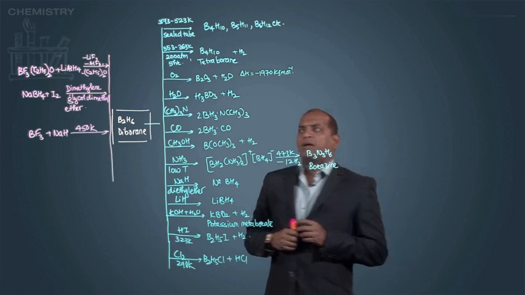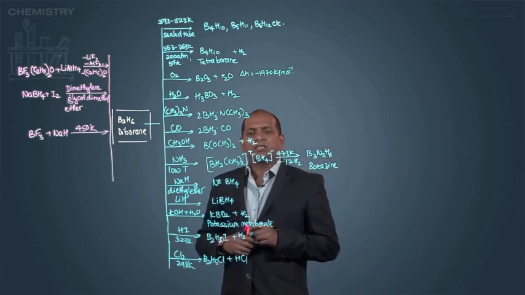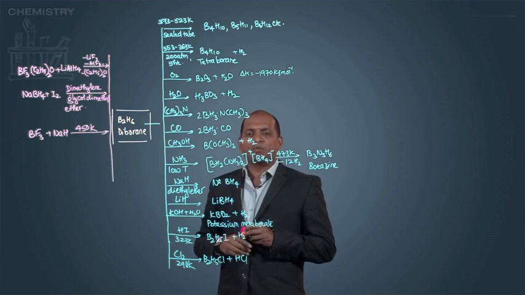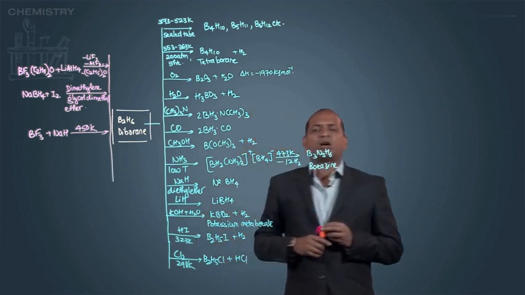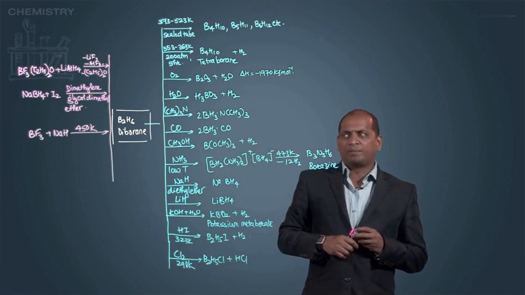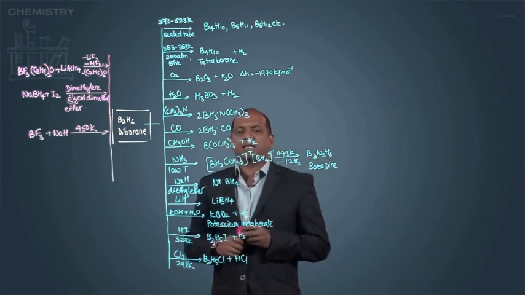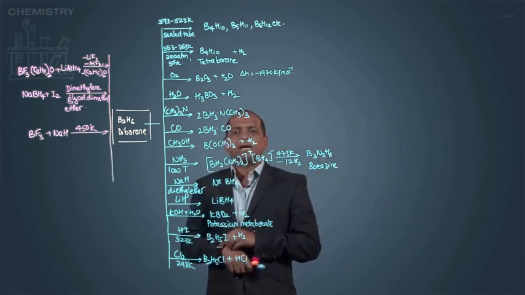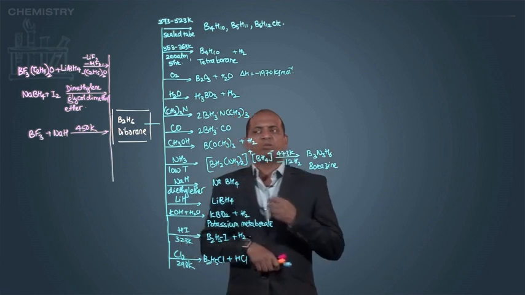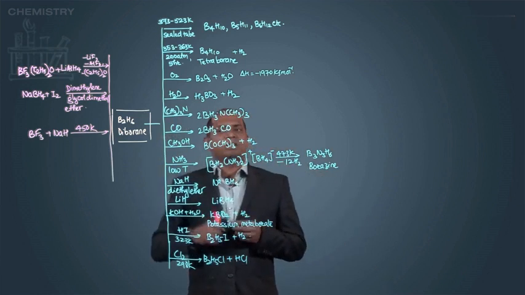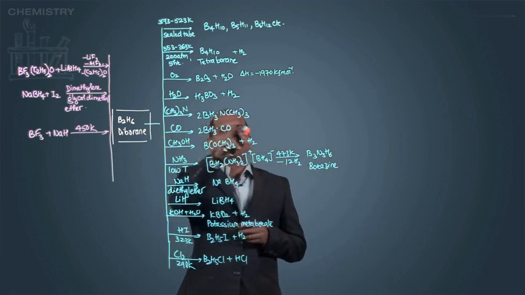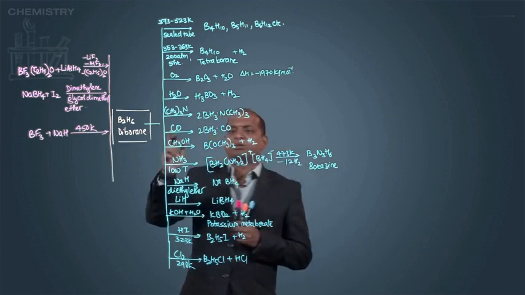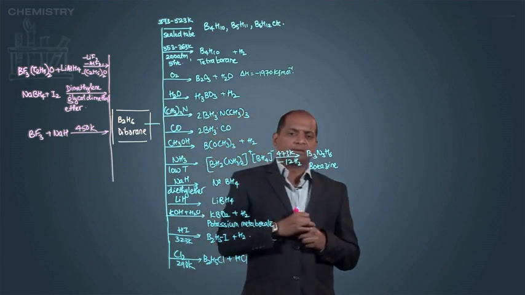Diboranes can be hydrolyzed by water, giving orthoboric acid, H3BO3. Diborane acts as a Lewis acid and accepts a lone pair of electrons, so trimethylamine gives you this complex. Carbon monoxide gives you this complex.